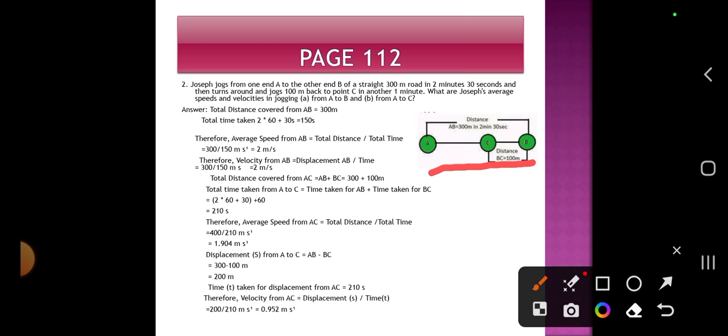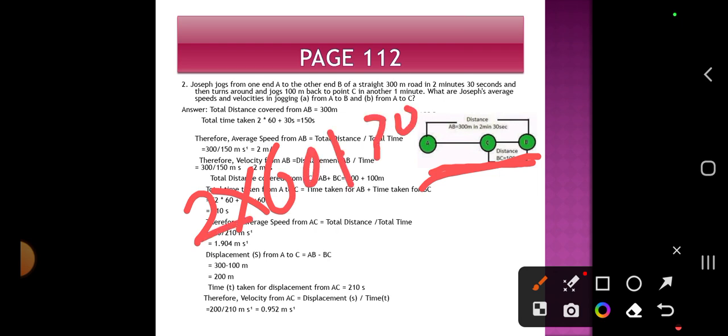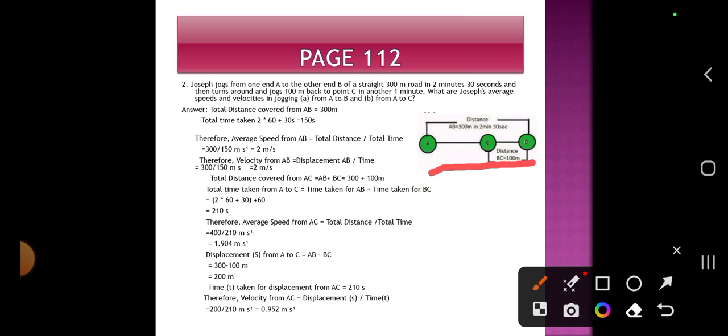Now the total time taken for this is 2 minutes 30 seconds, so we have to convert it: 2 minutes is equal to 2 times 60 plus 30 seconds, so we'll get 150 seconds. Got it? So we got the time and also the total distance.